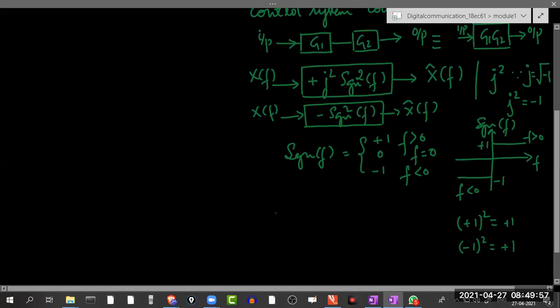So in fact, signum square of f takes on +1 value for all frequency values, be it positive or negative, f greater than 0 or f lesser than 0.